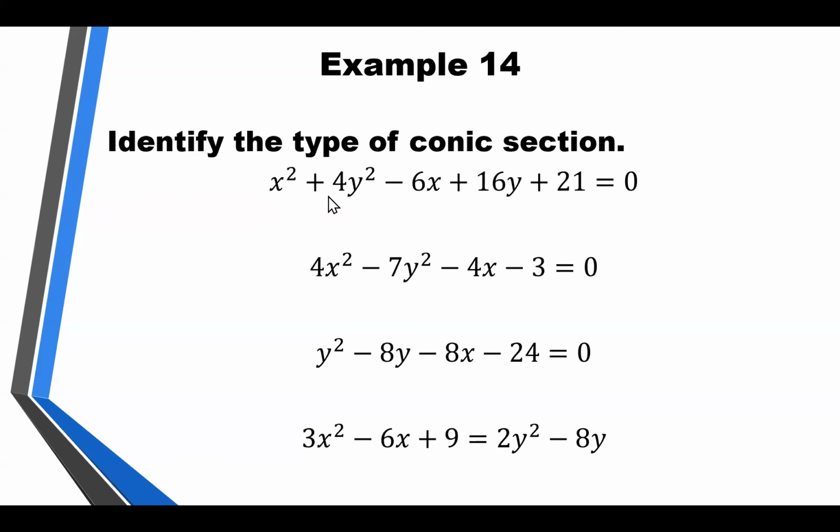So let's focus on the coefficients here. I have a coefficient of 1 in front of the x squared term, a coefficient of 4 in front of the y squared term. They're on the same side of the equation. This means that this thing is going to be an ellipse.